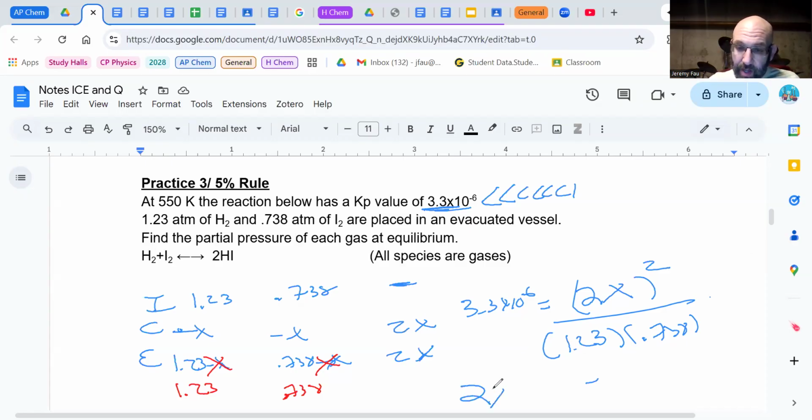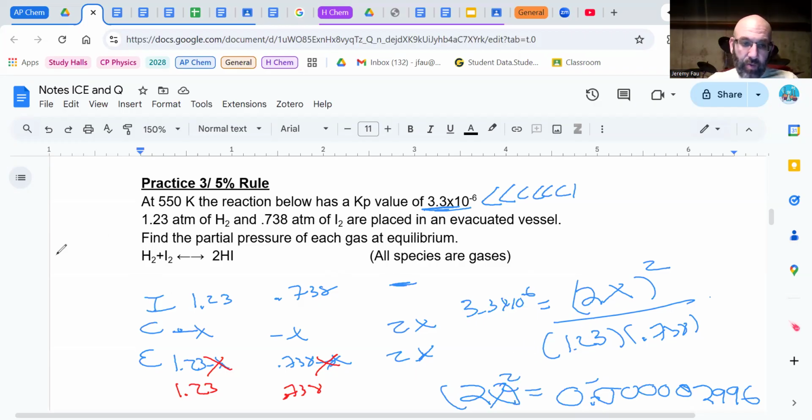That would be 2x quantity squared equals 0.000002996.